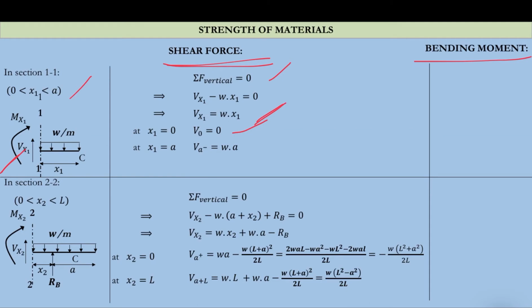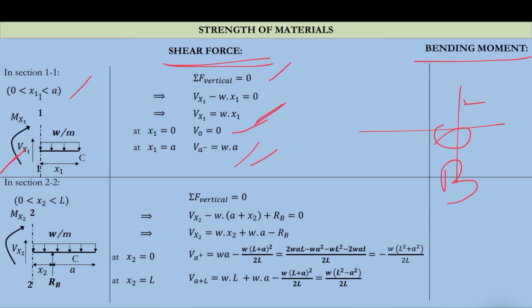And at the support B, the distance is A, just to the right of the section B, so it is coming out to be W into A. That is fine.